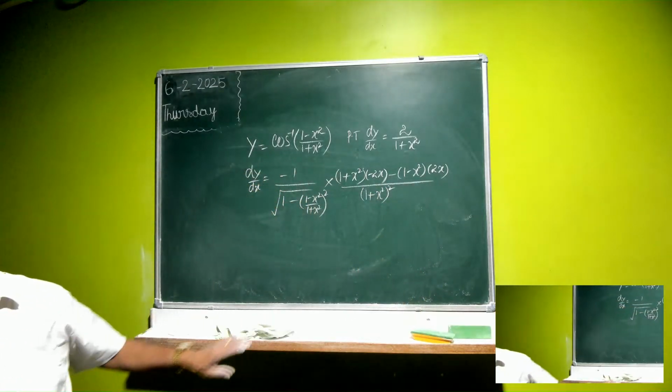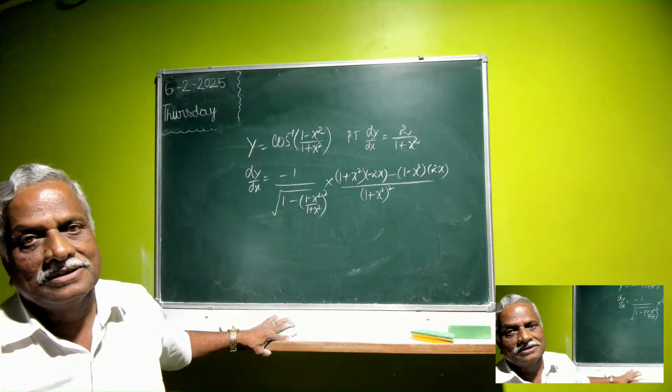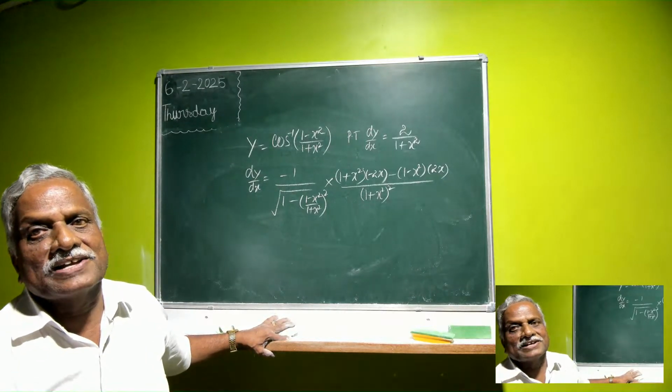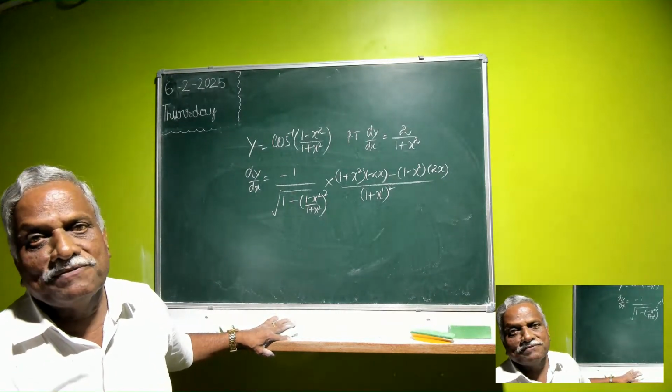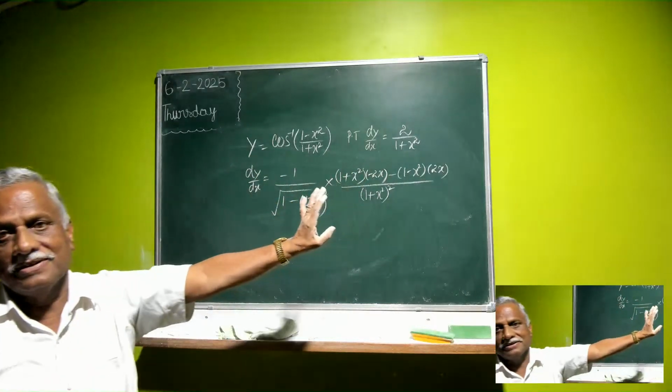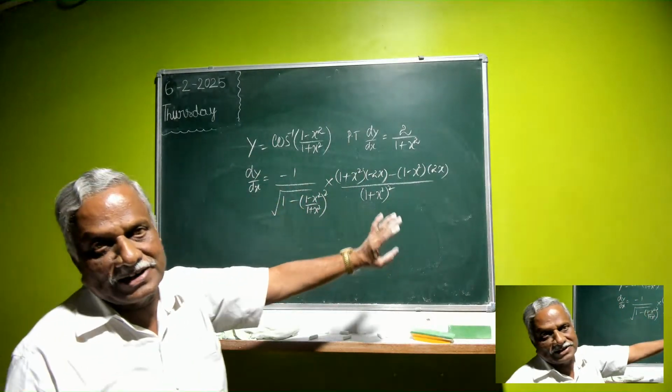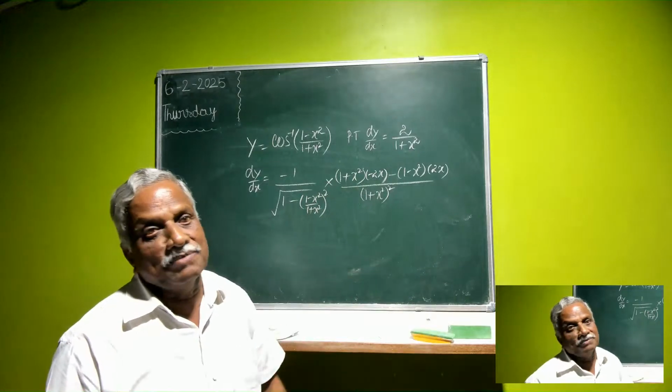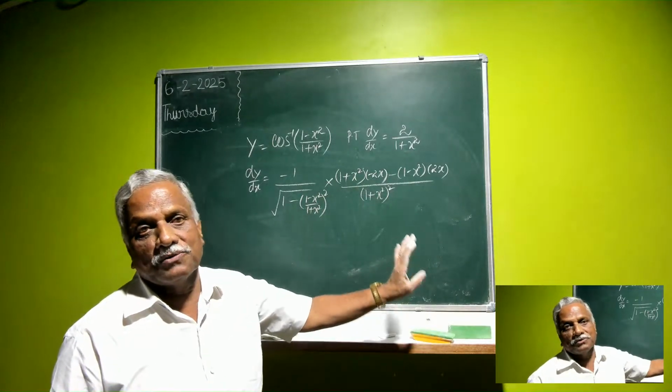If you leave it like this also you get the marks, but only for the sake of interest, I want to simplify this and show how we get this. It's not the actual method, but if you work like this also, you get the marks. But you need to be good in simplification.